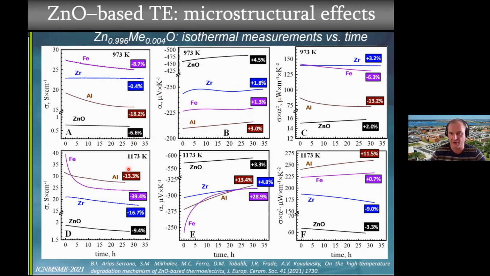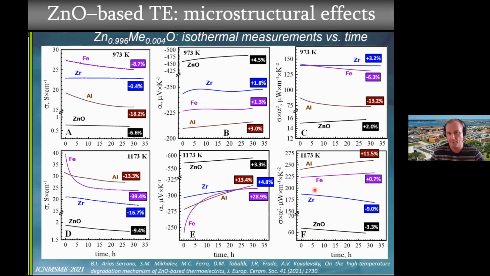And indeed, there are very significant changes, especially in the case of iron-containing samples. So you see at high temperature, especially, the conductivity is notably decreasing, and this is accompanied by a simultaneous increase in the Seebeck coefficient. And these simultaneous changes actually result in something somewhat counterintuitive at first look. If you look at the power factor, you see that, yes, indeed, in some cases it decreases with time, which means degradation.